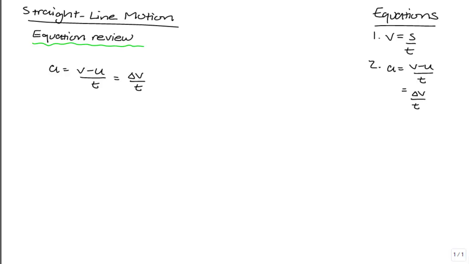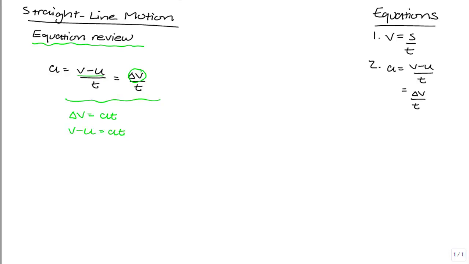Okay, if you rearrange this equation for delta v, in other words, in terms of the velocity component, then what you get is delta v is equal to at, right? Transposing t to make delta v the subject of the equation. Now remember, we know that delta v is equal to v minus u. So write that as v minus u is equal to at.